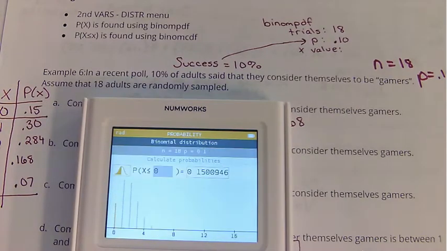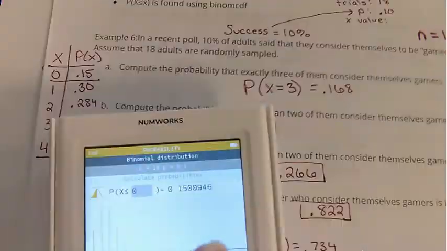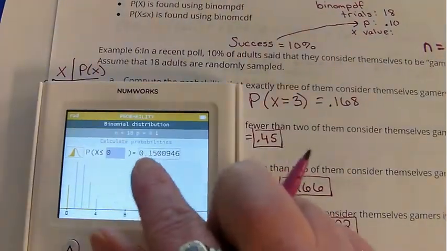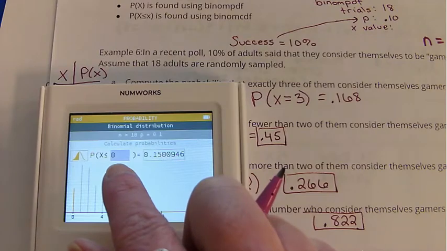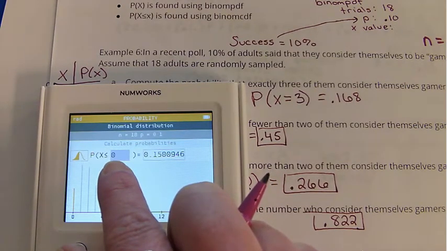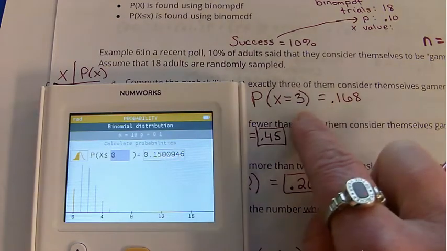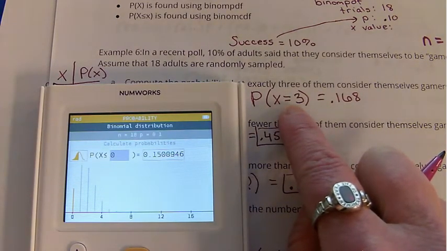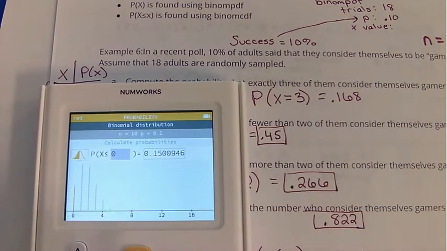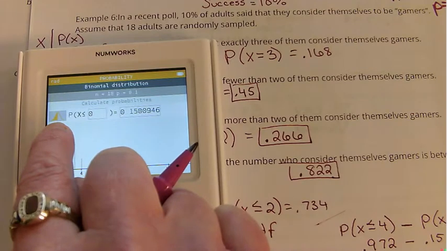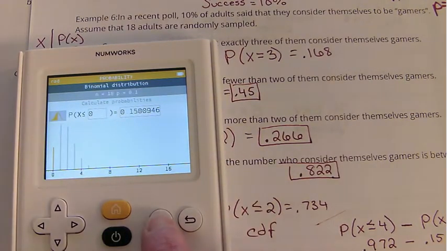Now click next. We have to think about what kind of probability we're finding. And it starts off that it's the probability of being less than or equal to a certain value. Well, on the first one, we want to know the probability of X equaling 3. So what you can do is left arrow over to where the graph is highlighted and click OK.